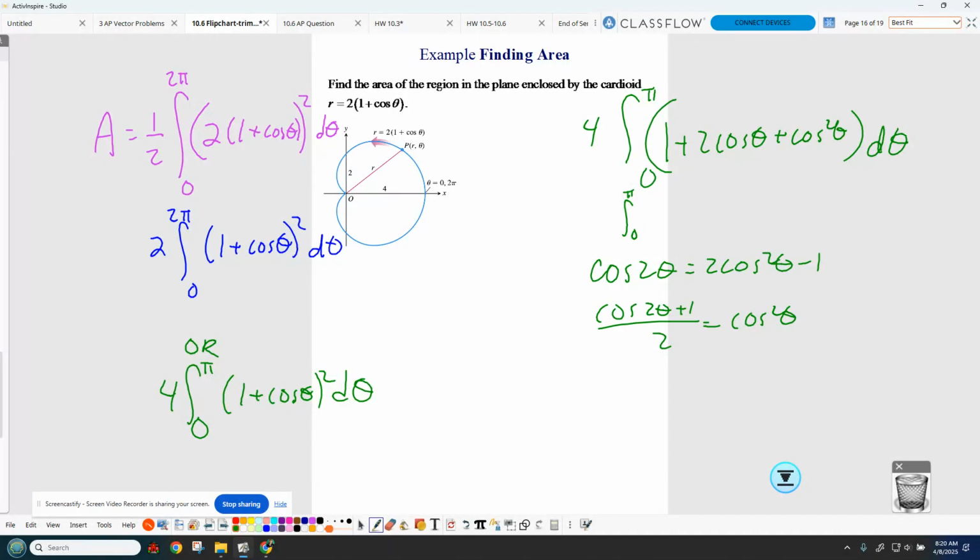Miss Pascal, why do you have two on the outside? So you asked earlier, could I just take the 2 out? Sometimes it's the radius and you're going to need to square it, so you're really taking a 4 out. I've made a mistake with it enough that I know.